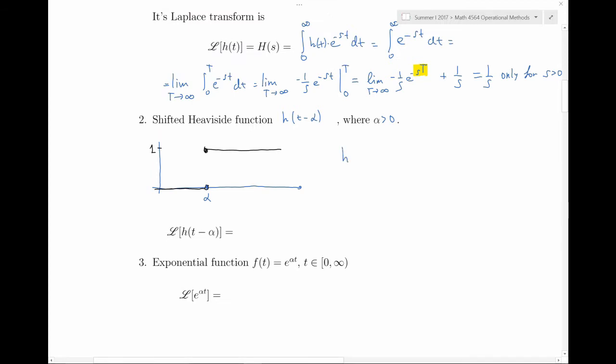We can define h of t minus alpha as a function that's 1 if t is greater or equal than alpha, and 0 if t is less than alpha.